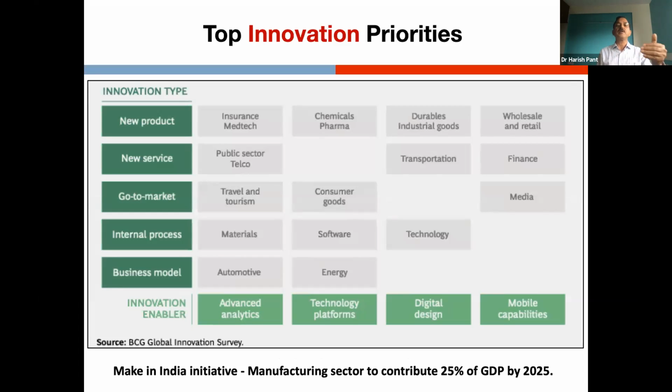Actually, when you develop innovation in a new product, that has to get integrated with the new services, marketing, internal processes, business model, and all. So they are all interrelated. If a company has to be on the threshold of the world market and wants to be a leader, then innovation has to be built multifold throughout the organization.